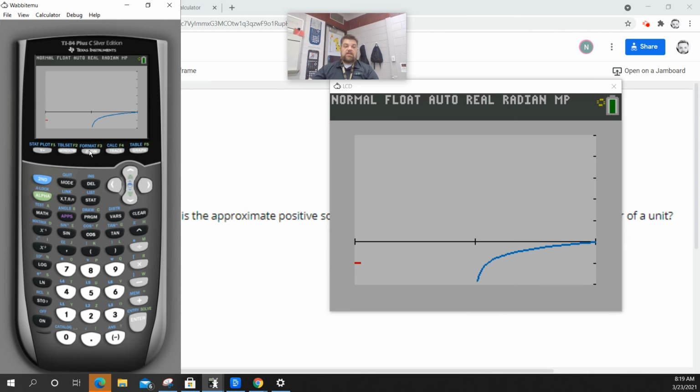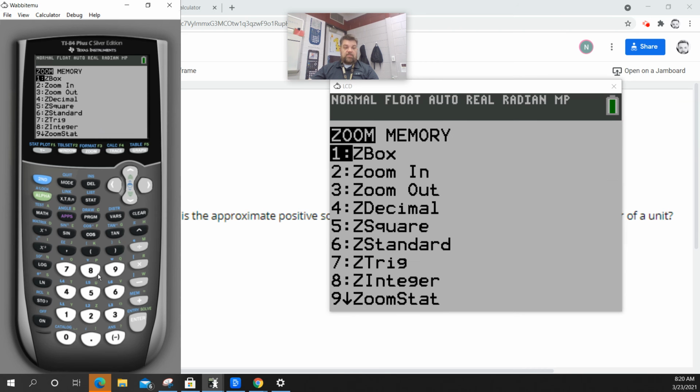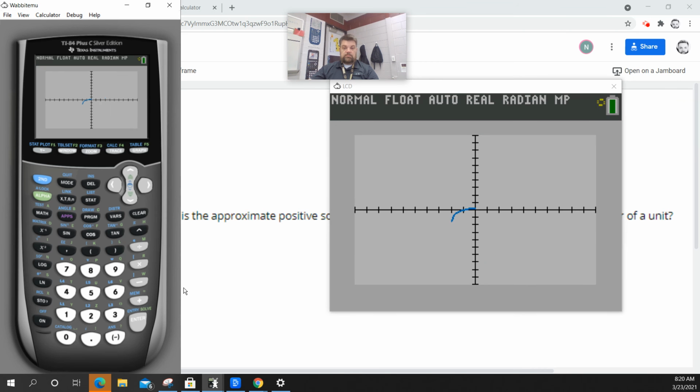Let me sneak a peek at a regular zoom. So I see it crosses 2 times.